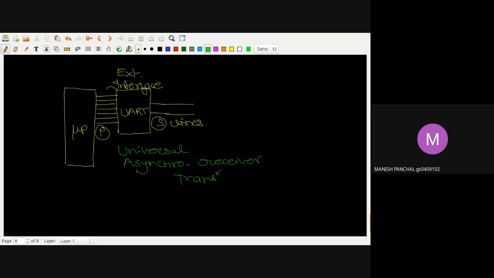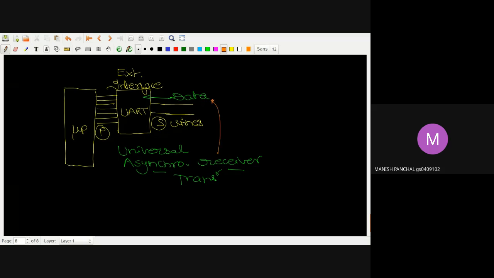And another thing is that if I am writing UART, it means it will only support asynchronous communication, not synchronous. And it is a receiver, meaning it can receive data. If some data is coming from this line, कोई डाटा अगर आ रहा है तो मतलब ये डाटा इस लाइन से रिसीव करेगा, so in this case it will act like a receiver.